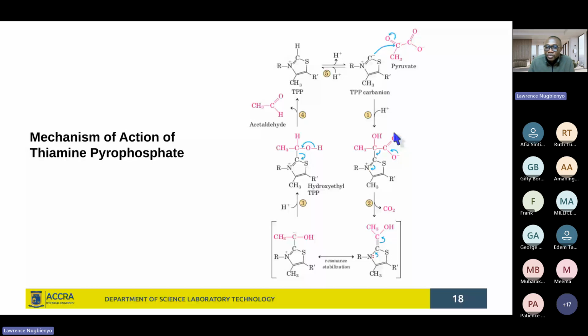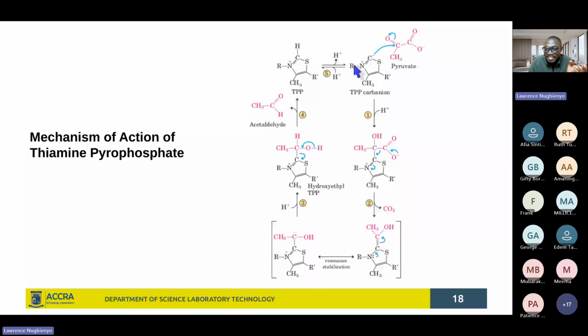Now remember, when we were looking at the structure of thiamine pyrophosphate, I said the thiazolium ring is the active part of that molecule. So you see, we are only seeing the thiazolium ring here. The rest of the structure, the phosphate group, will be in this R prime that is not being shown.